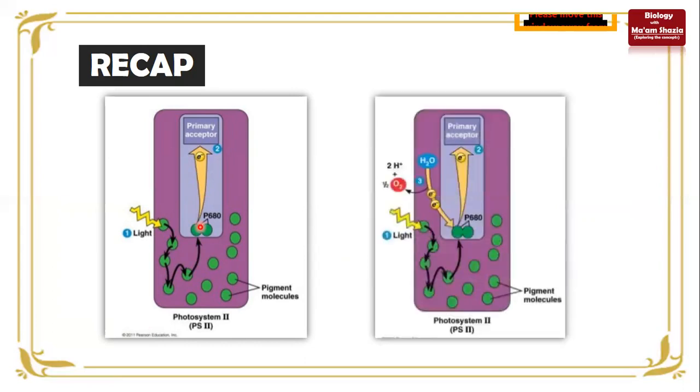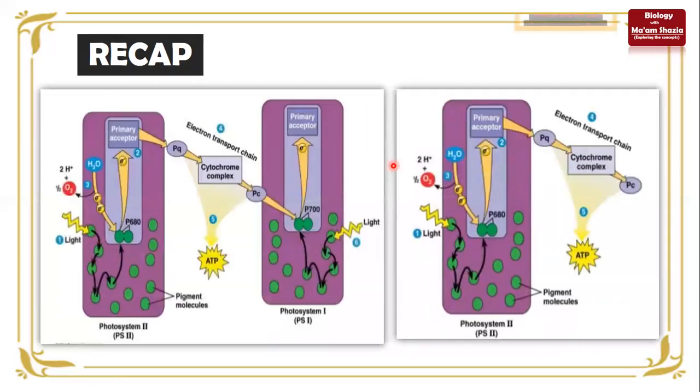Then photolysis takes place, and on photolysis two electrons move to the chlorophyll A of photosystem 2, and oxygen moves to the atmosphere. But we are not using hydrogen at this time. Then after photolysis, the electrons move through the first ETC.